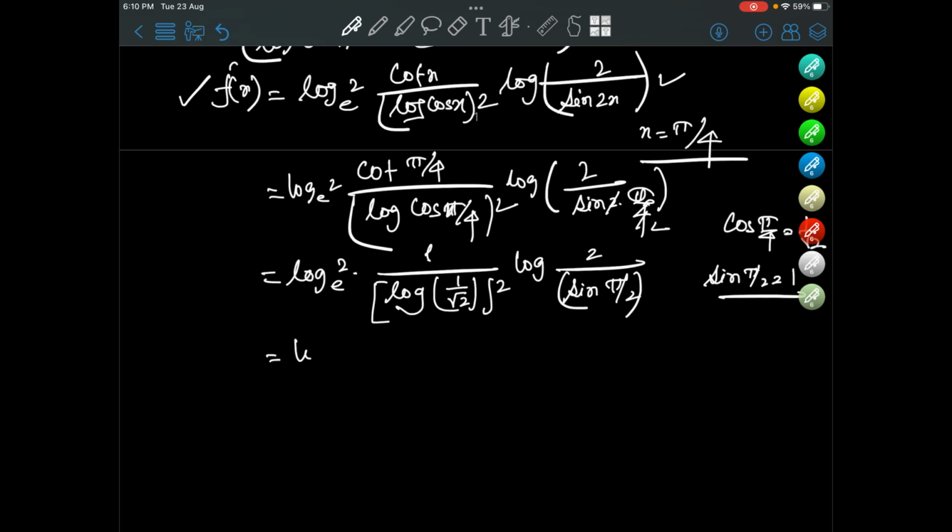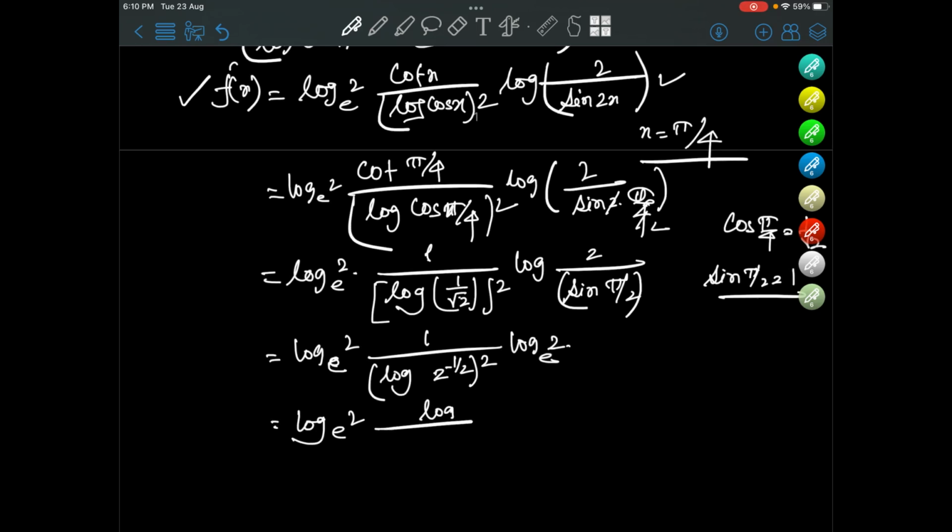So what we are getting? Log of 2 to the power minus half, whole square, over log of 2. This is also log e base 2, and here also half is coming out.